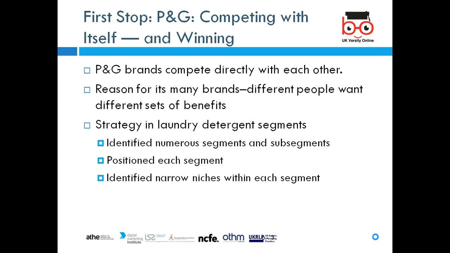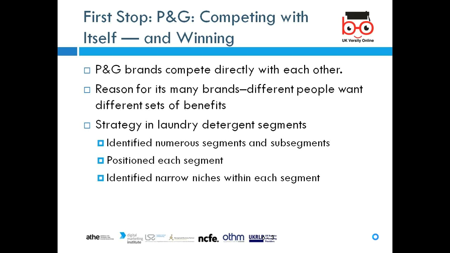We need to look very closely, because when you think about different washing liquids, when Procter and Gamble launch them, they can create competition with their own brands. The reason for so many brands is that different people want different things, and the set of beliefs and benefits can be different as well.